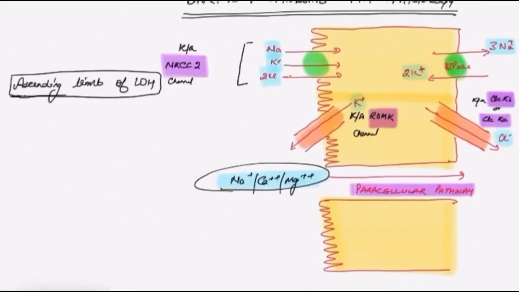Suppose this side is the tubular side, so this is the tubular lumen. This is the kidney cell, as you can see, and here is the peritubular capillary, where finally absorption will take place.